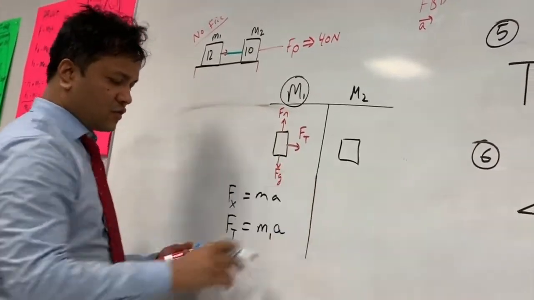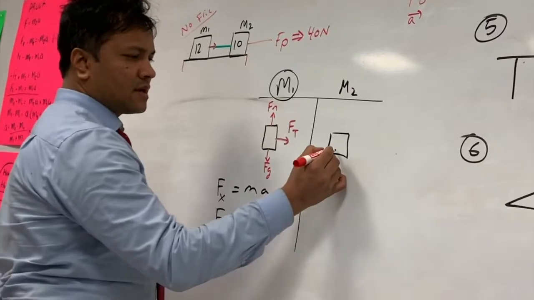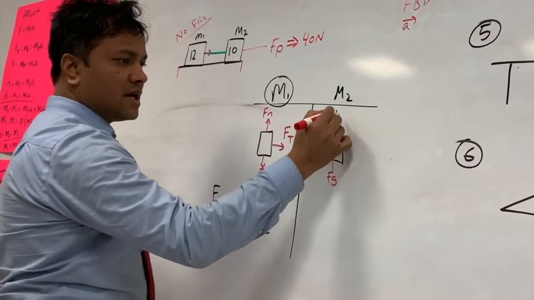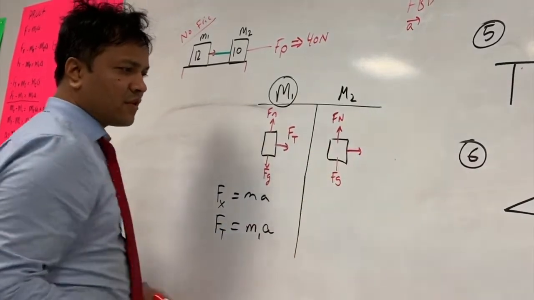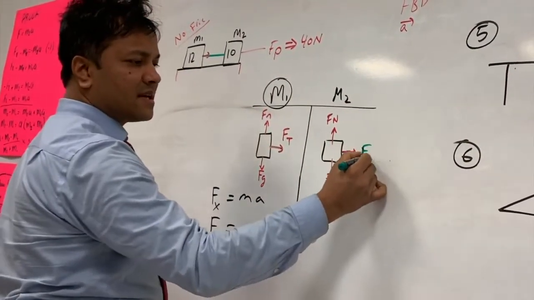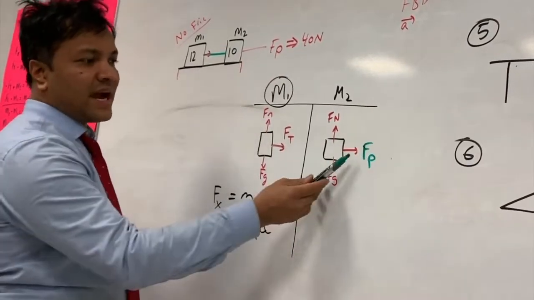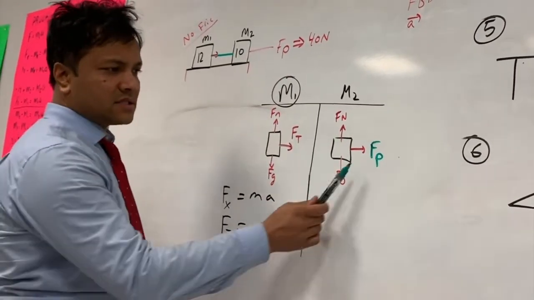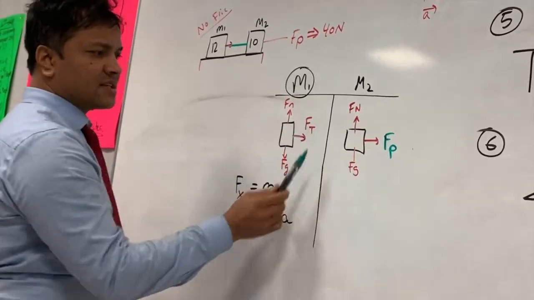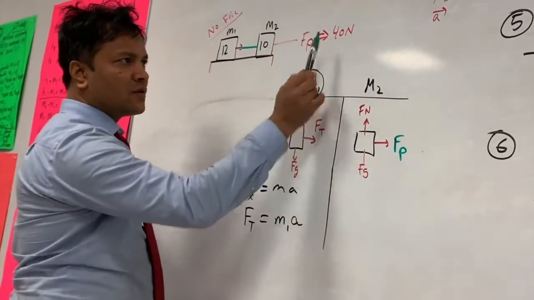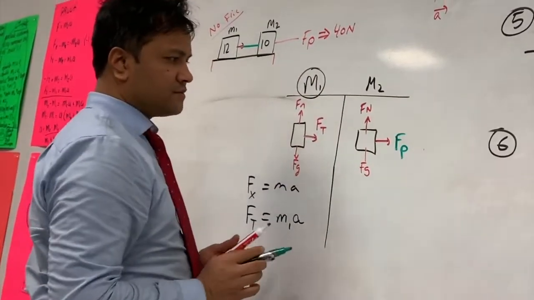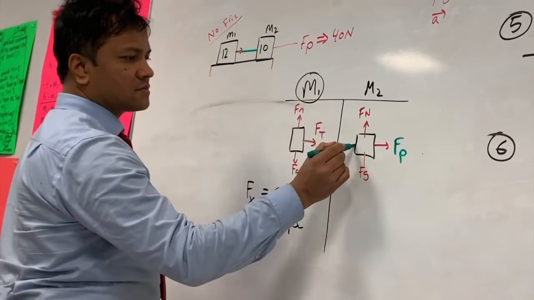Now let's do the force diagram over here. This is Fg, this is Fn, and this is Fp, not Ft. This Ft is different than this one. This Fp is known, 40 Newton. And then this is our Ft.